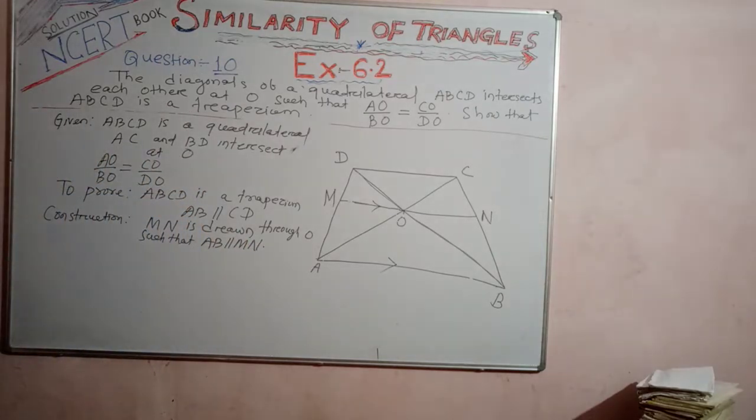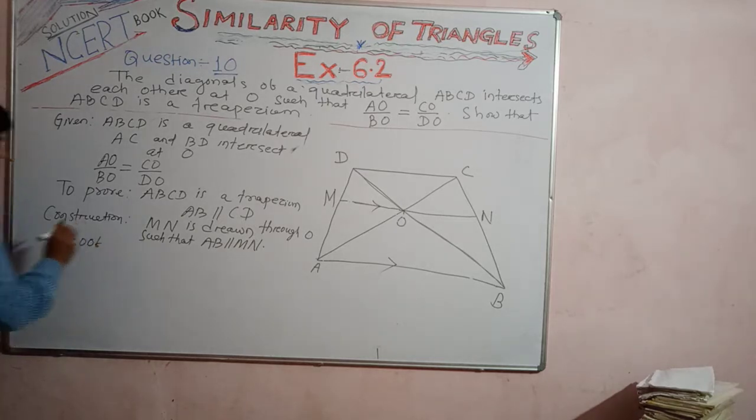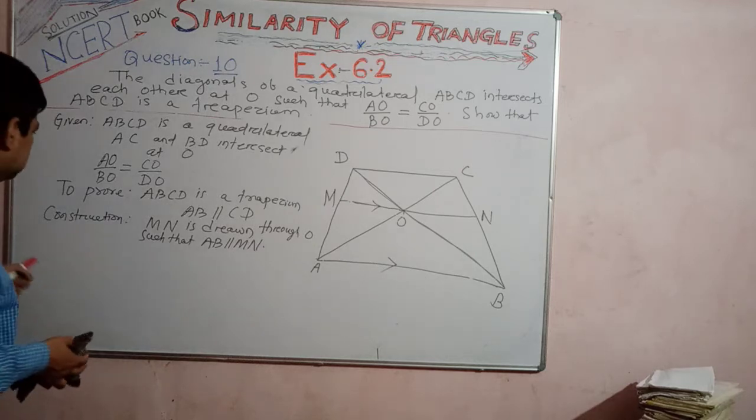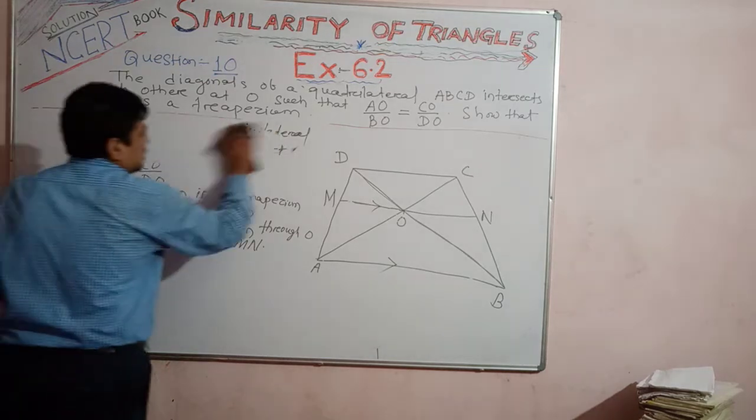Okay, this is the construction for the given question. Now let us prove it. This is the given, this is what to prove, that it is a trapezium, and also the construction you already know. Let's see how to prove this one.